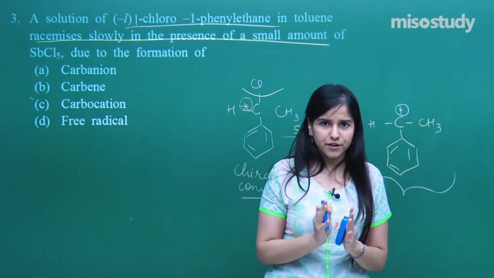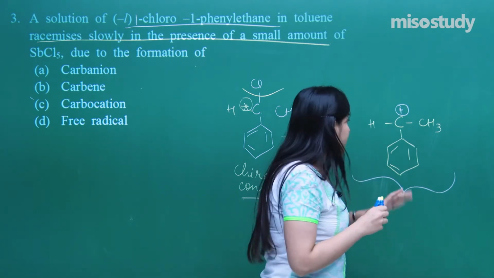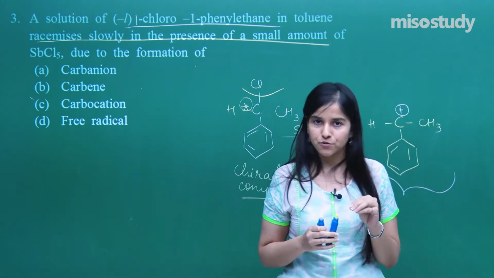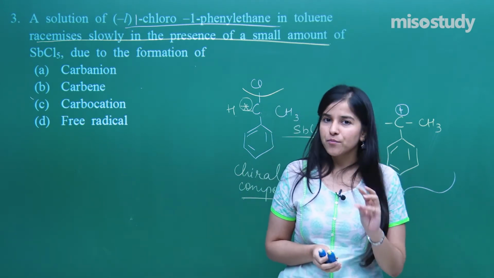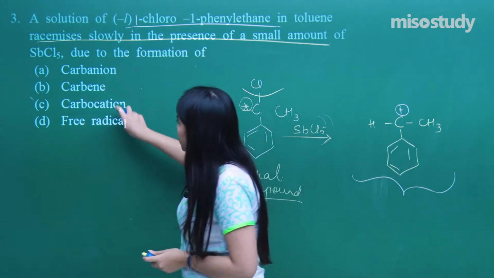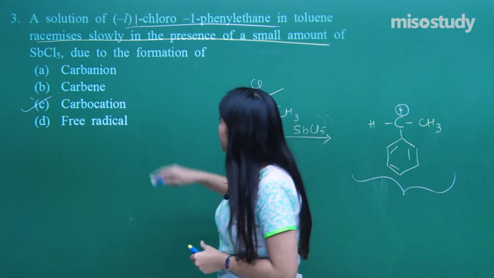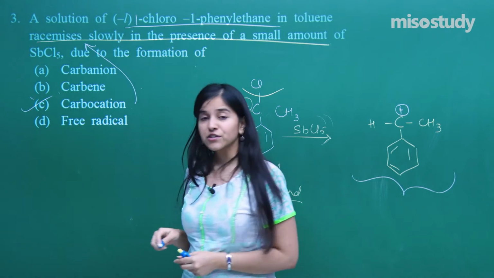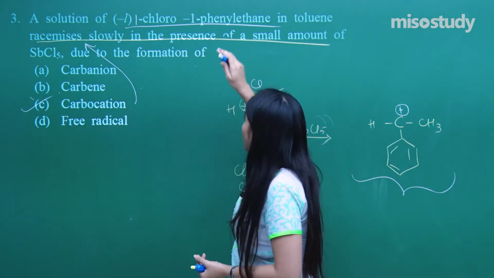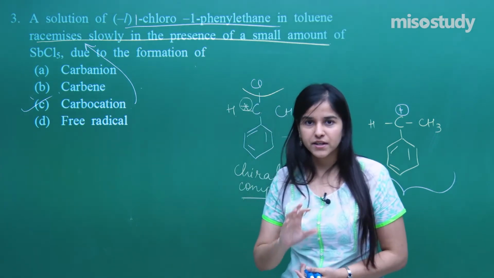That is a typical kind of reaction. You need to have a proper hold. This particular mechanism is involved within the optical isomerism. So you need to have a proper hold over that concept. So I hope everybody is getting me. The intermediate formed is the carbocation, due to which we get a racemic mixture, or I can say it racemizes slowly to form some products. So that is what the reaction is saying. I hope everybody has got the idea.